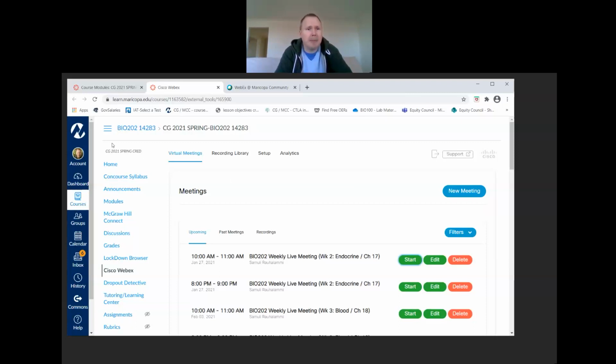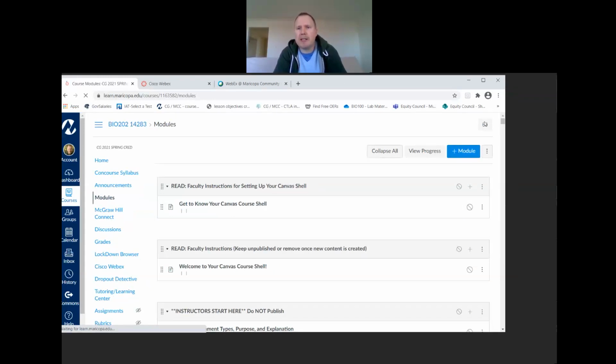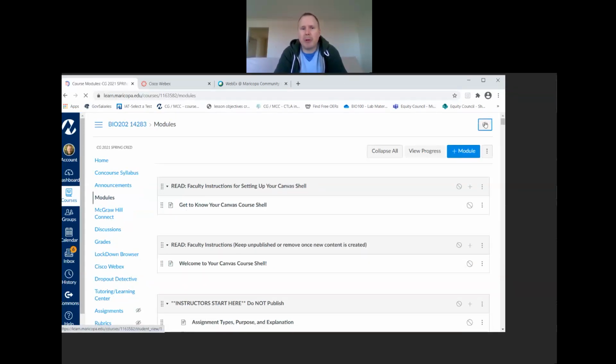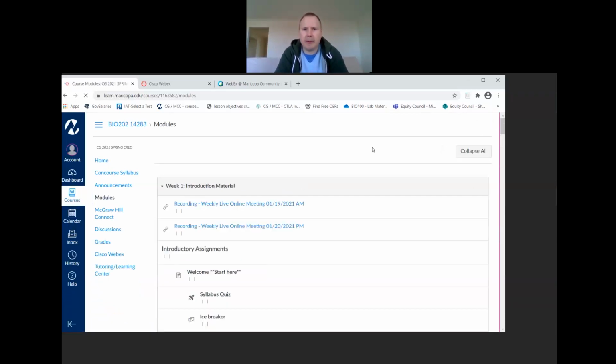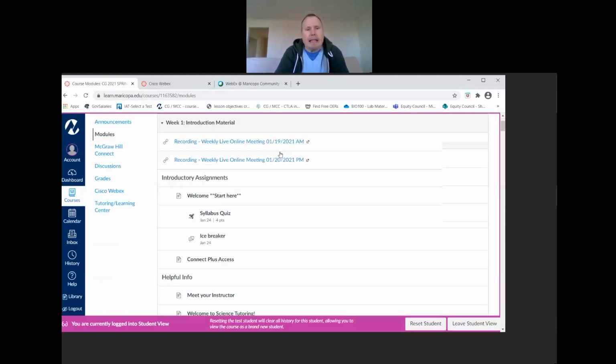So you should be able to see my Chrome view, and over there I hope also the modules. If I jump to the student view, so it aligns a little better with what you would normally see on your screen, when you go to modules, you would see something like this.